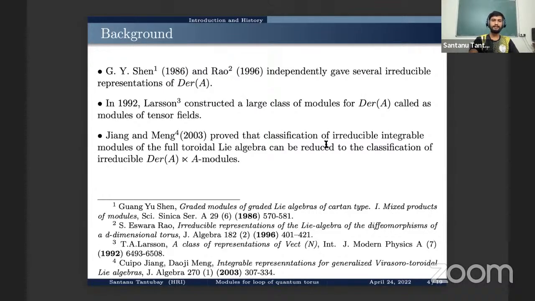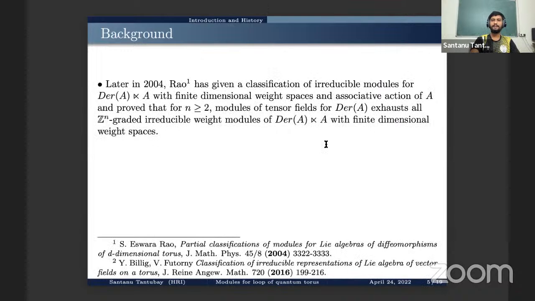And later in 2003, Jiang and Meng proved that in order to classify irreducible integrable modules for the full toroidal Lie algebra, it is enough to classify irreducible Z-graded weight modules for Der A semidirect A. And in 2004, Rao gave a classification of irreducible modules for Der A semidirect A with finite dimensional weight spaces, where the action of A is associative.